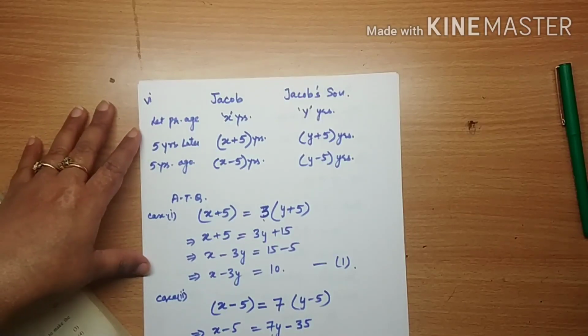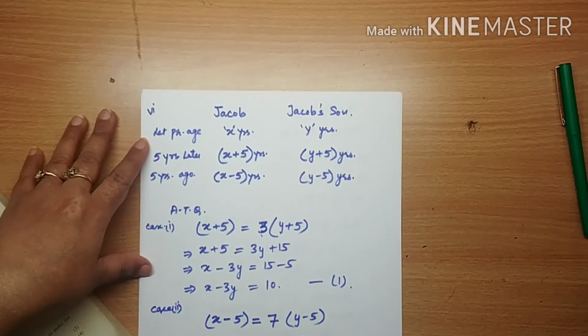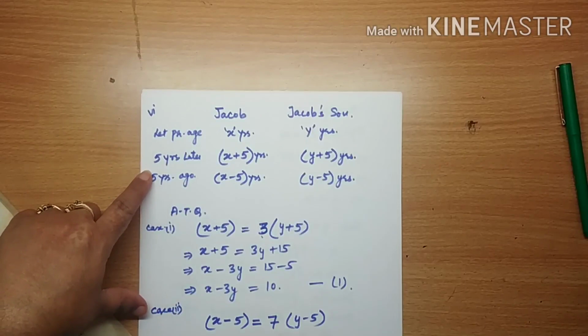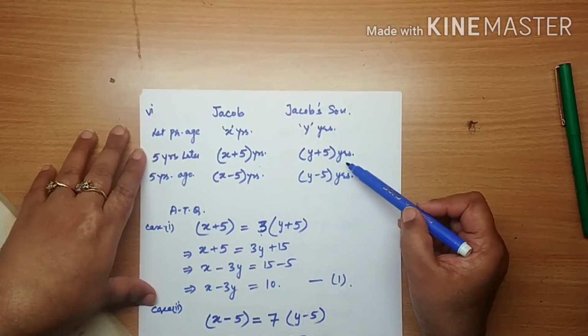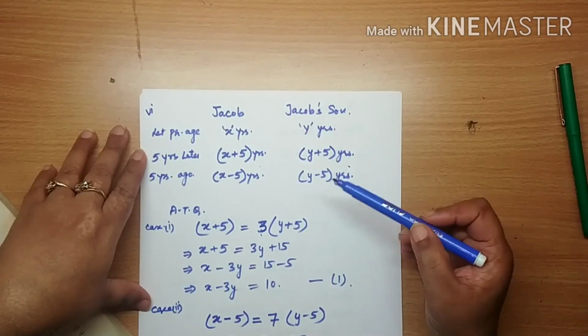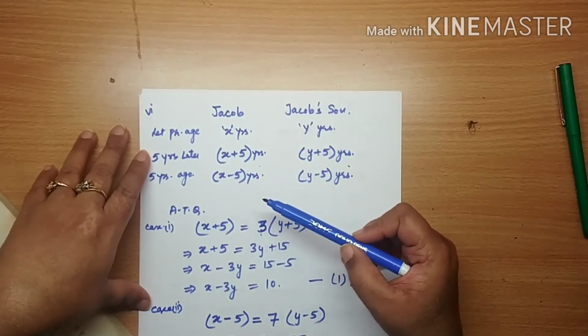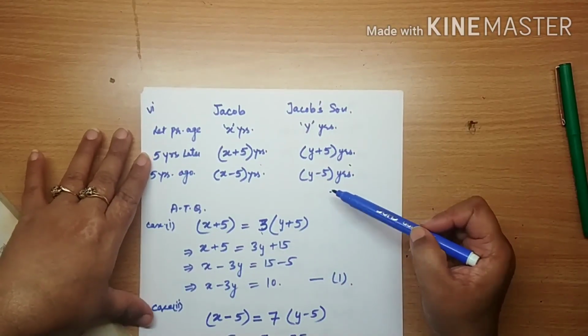We need to find their present ages. So we assume the present age of Jacob to be x years and his son to be y years. Now after 5 years, Jacob will be x plus 5 years old and his son will be y plus 5 years old. And 5 years ago their ages were, of course, before, backwards you subtract. So x minus 5 and y minus 5.